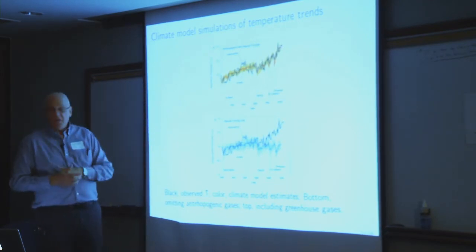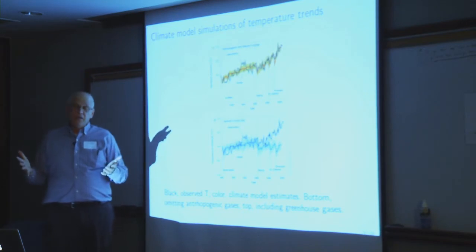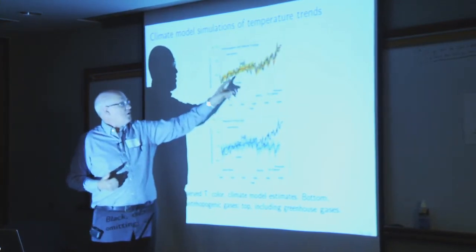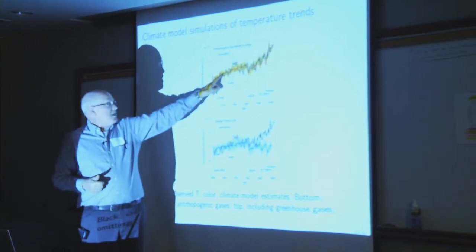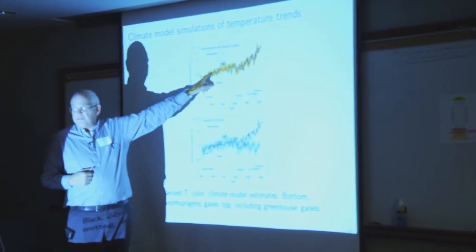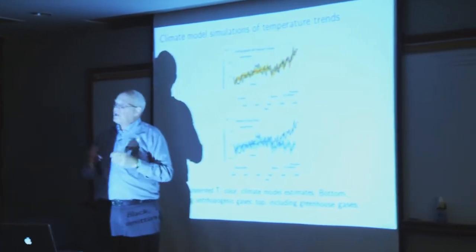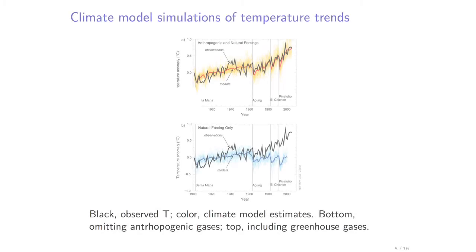This is a very different graph showing what appears to be a similar time series, an extended period of time, and the thin lines are observations, the thick lines are simulations by climate models. So these are climate model estimates of the global average temperature in two very different sets of model runs.